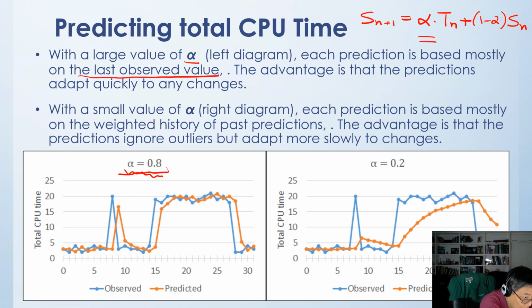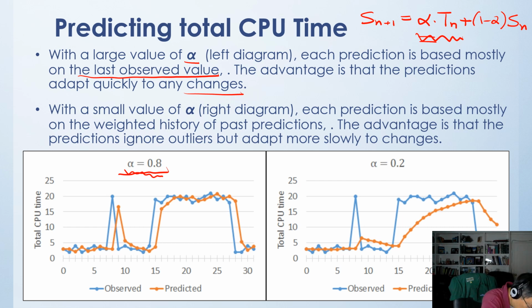So this first part plays an important role in the next predicted value. The advantage is that the predictions adapt quickly to any change. If the actual CPU running time is big, then the predicted value changes to a big one. And if the actual CPU running time is small, then we predict that the next CPU burst is going to be small.